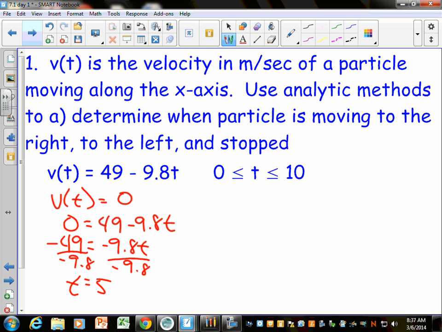I got 5. I got 5. I did it on my calculator, 49 divided by 9.8 is exactly 5. I was literally going to question what kind of number was going to come out of that.